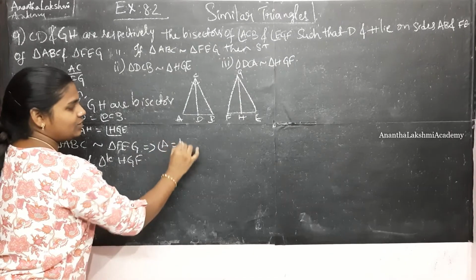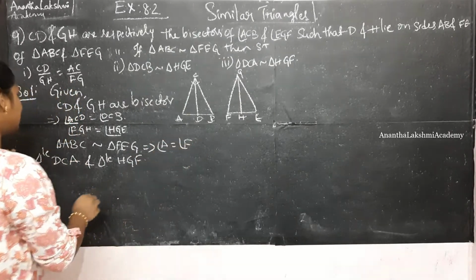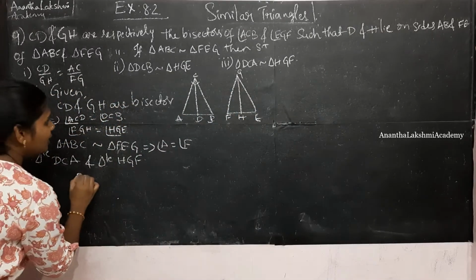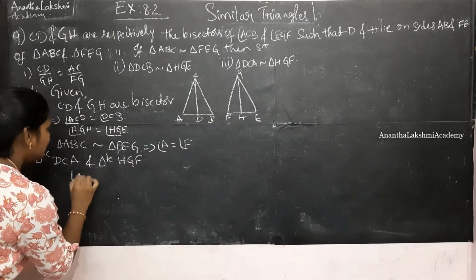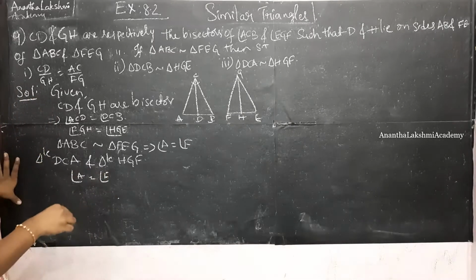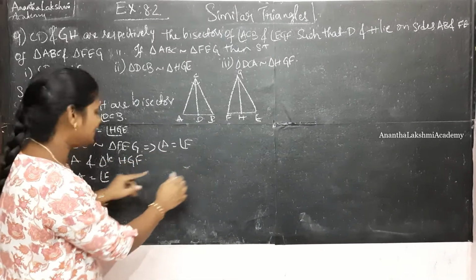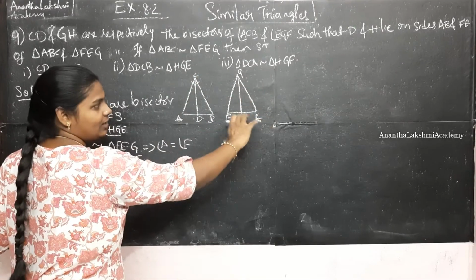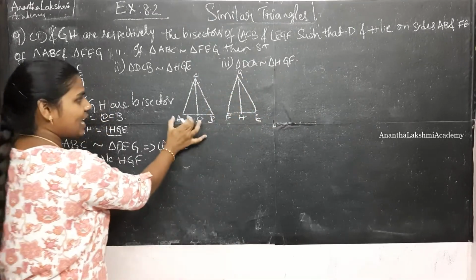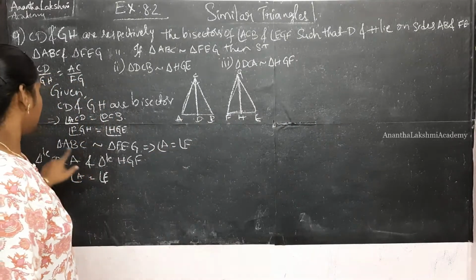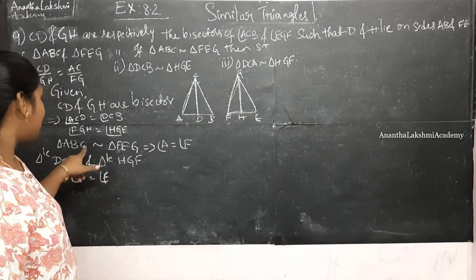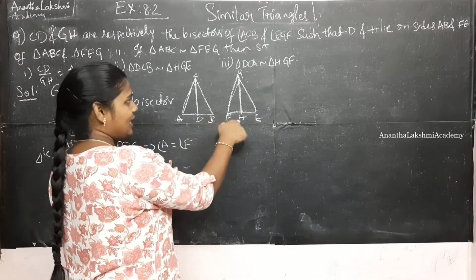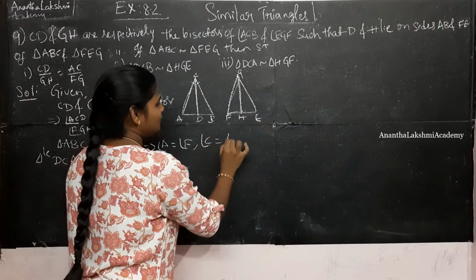Angle A is equal to angle F. Can I write this? Yes. Now observe DCA and HGF. Here we have angle A is equal to angle F, one angle is equal because they are similar triangles. ABC and FEG are similar triangles wherein angle A and angle F are equal, and angle C is equal to angle G.